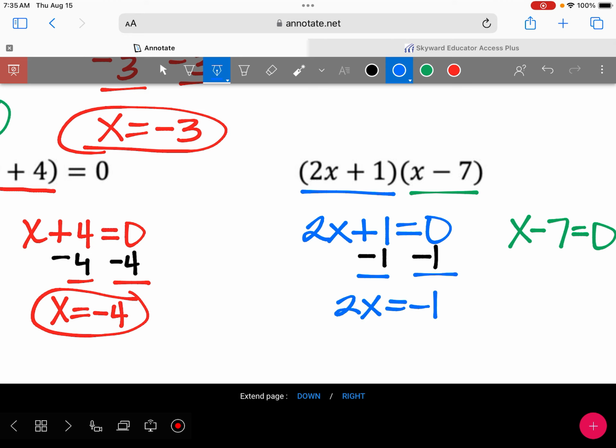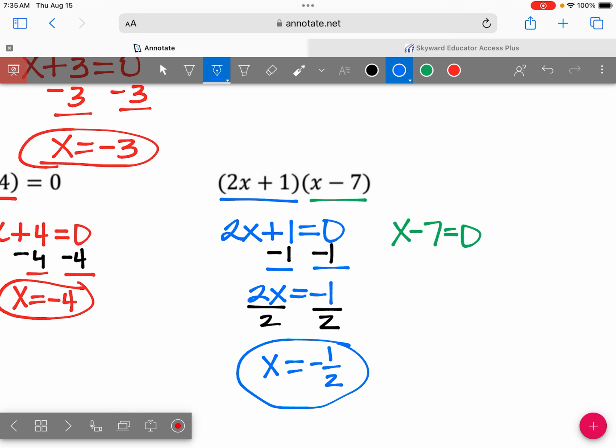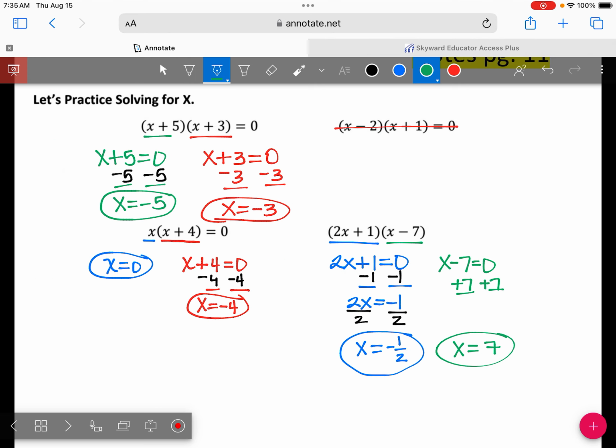So 2x equals -1, and then divide by 2. So you get x equals -1/2. That's your first answer. And then my second answer, all we're going to do is add the 7. So x equals 7. All right, so that's just a little solving review.